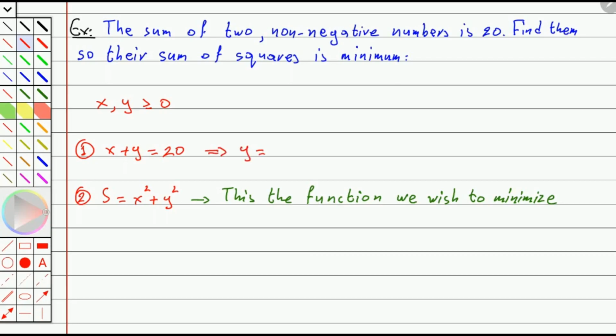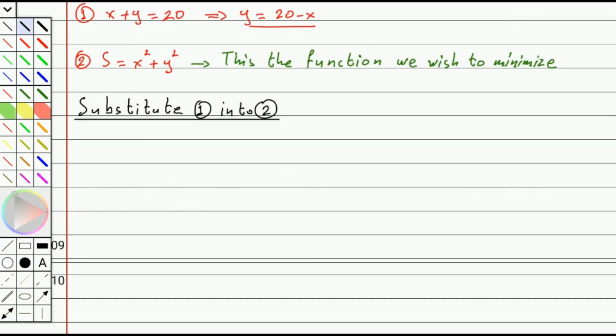Y equals 20 minus x. So we substitute 1 into 2, and so we get that S of x now equals x squared plus (20 minus x) quantity squared. Let's go ahead and expand.